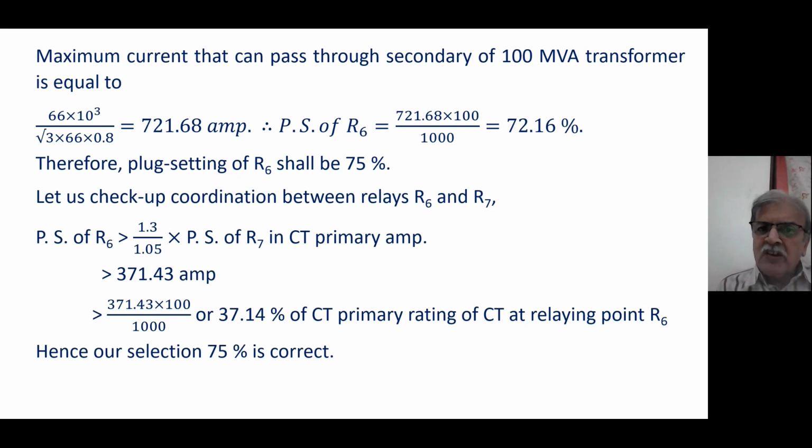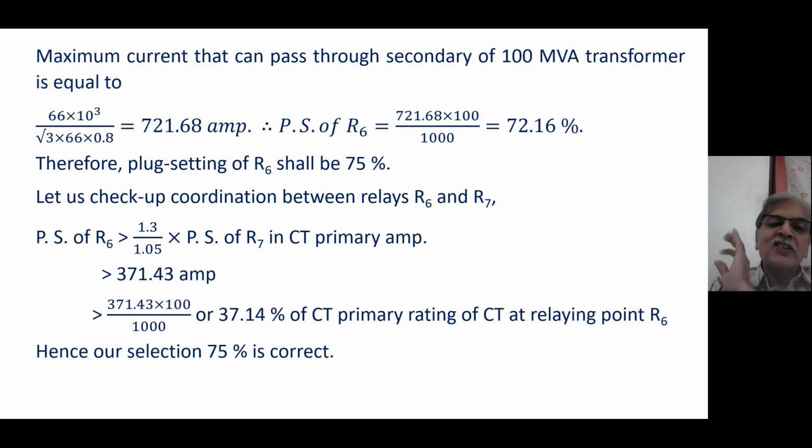Let me check up coordination between R6 and R7, 1.3 by 1.05 principle. You see, R7, I know that it is 300 ampere because it is 100%. So 1.3 divided by 1.05 of 300 becomes 371.43, which happens to be 37.14% of 1000 ampere.